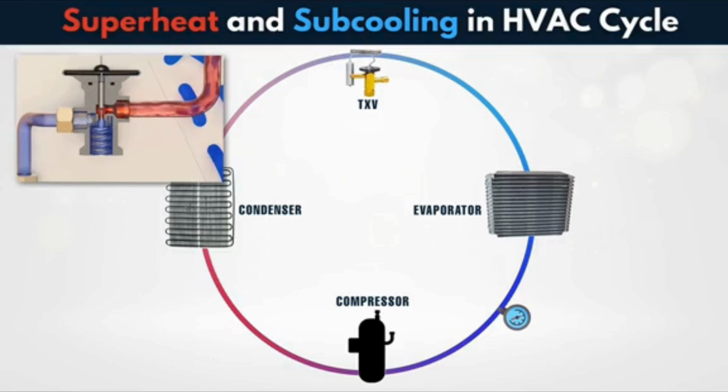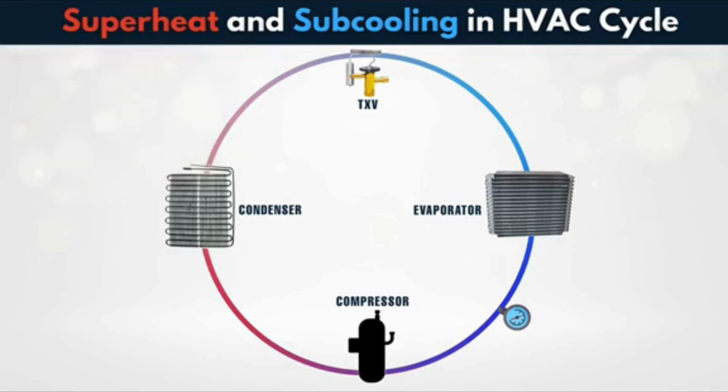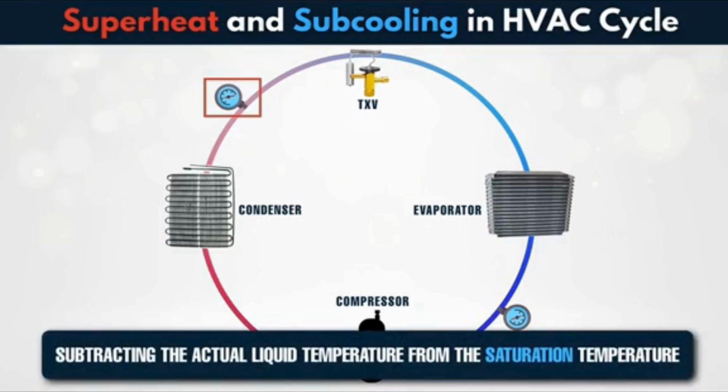Cooling performance stays consistent. The system avoids loss of efficiency caused by premature refrigerant boiling. Technicians measure subcooling by measuring the liquid line temperature at the condenser outlet, finding the saturation temperature for the refrigerant at the current condenser pressure, and subtracting the actual liquid temperature from the saturation temperature.